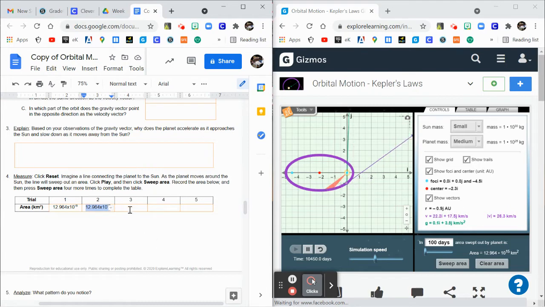So let's copy it, paste it, and then let's click over here. And then we're going to click when it gets over here too. There you go.